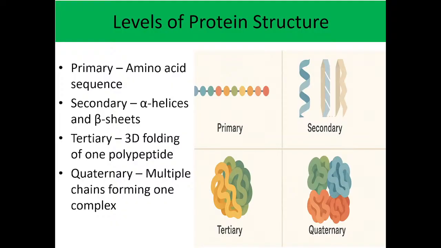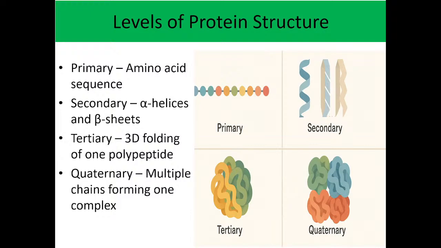Then the next one is the secondary structure, which can either be an alpha helix or beta sheet. The third one is the 3D folding, which is the tertiary. This actually determines what the structure will be.